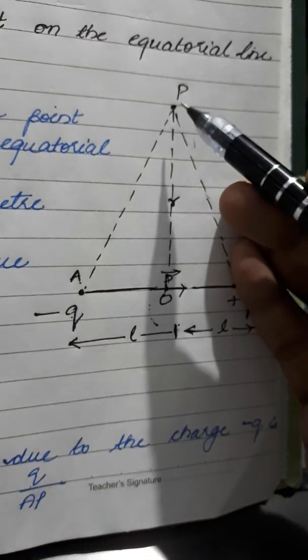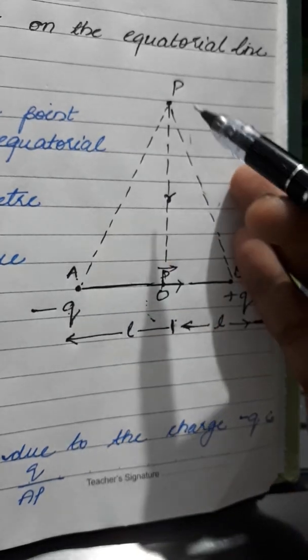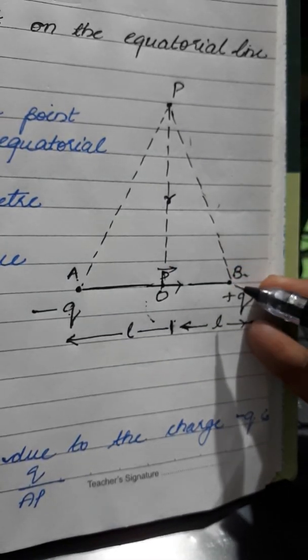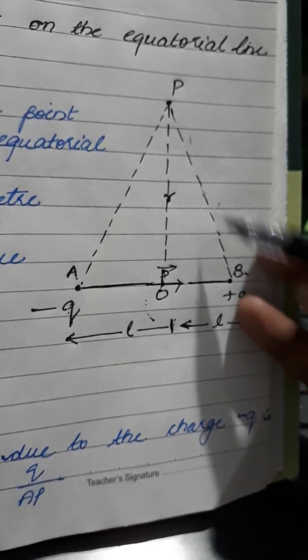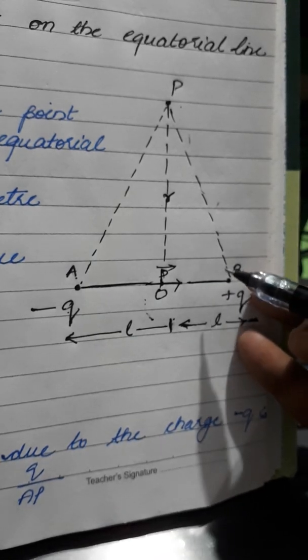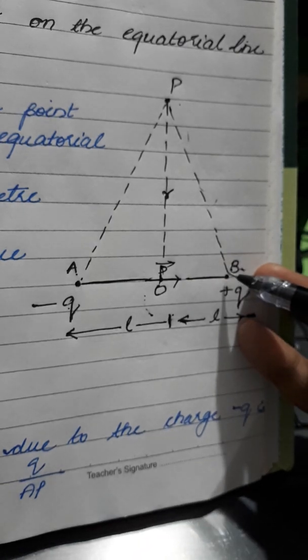Here the distance from P to the positive charge plus Q is actually some distance. Let's say BP is the distance, B to P. That BP we can find out if we consider the triangle POB, right-angled, by the Pythagoras theorem.